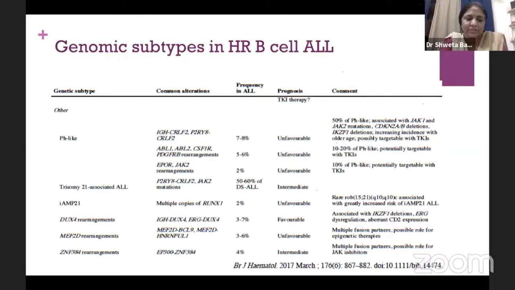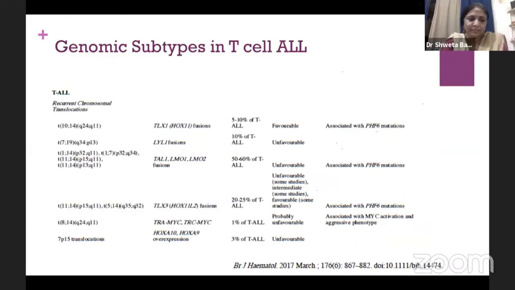While we have ZNF384 rearrangements, if they are present, JAK inhibitors can be used, and in some of the papers even FLT3 inhibitors have been used for these rearrangements. Hence, with the drug availability and other therapies, I think these rearrangements now need to be looked at, and NGS is helping us in a big way to identify these rearrangements.